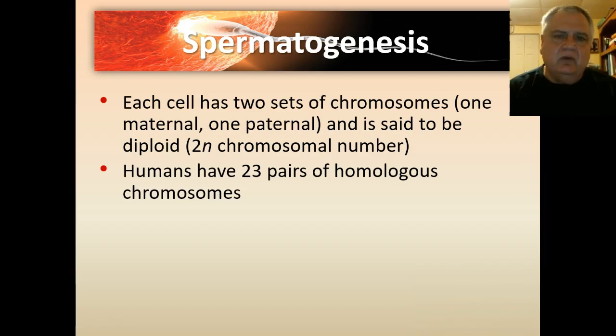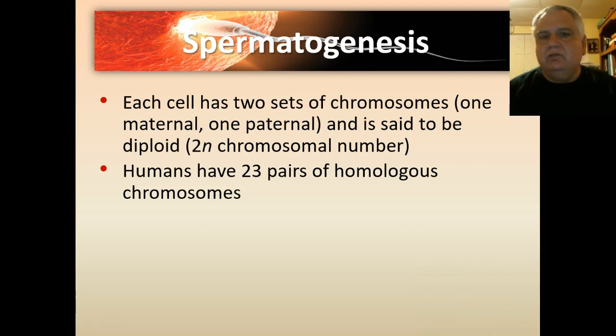Let's say, for example, the chromosome may contain information about what hair color you're going to have or what eye color you're going to have. Well, you have a chromosome in the set of 23 from your mother that has information about what hair or eye color you're going to have.